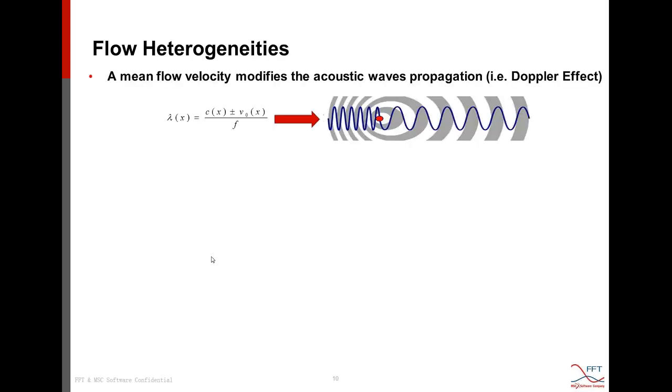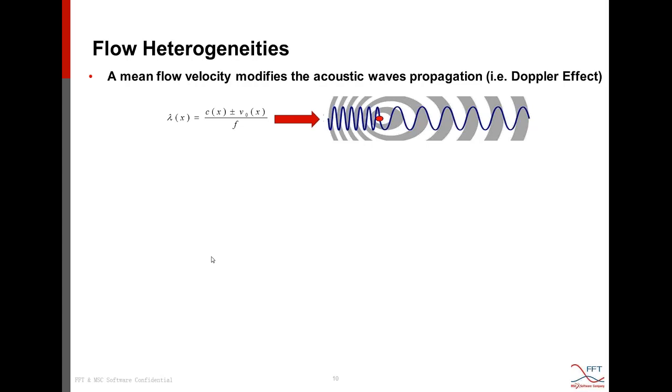In modeling of engine acoustics, taking the flow heterogeneity into account is very important because the flow heterogeneity will modify the acoustic propagation in several ways. First, the velocity will modify the acoustic propagation, bringing a Doppler effect. At the engine intake, the acoustics is propagating against the flow, and at the exhaust, the acoustics propagate along the flow.